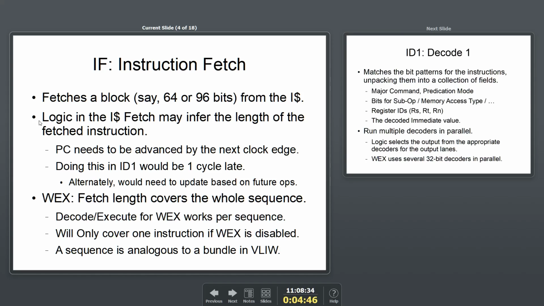It fetches those from the I cache. Logic from the I cache fetch may infer the length of the fetched instruction. As mentioned before, PC needs to be advanced by the next clock edge, and doing this in the ID1 stage would result in it being one cycle late.